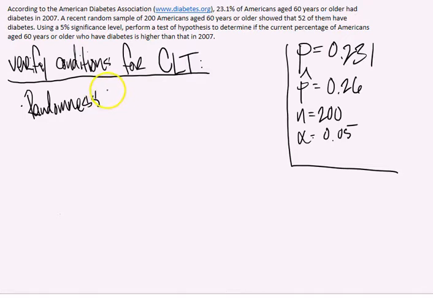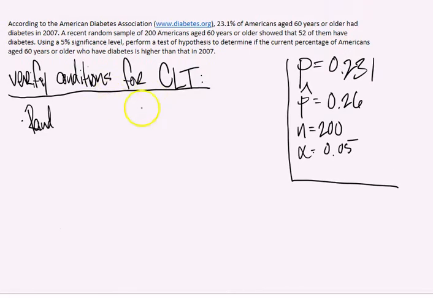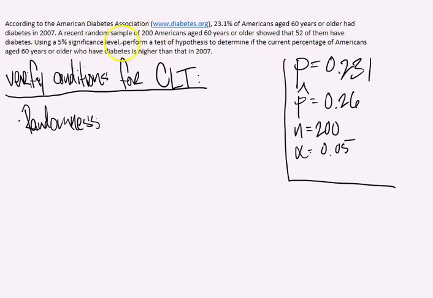So there's two ways to do this. Either it will be stated that it's random, or our test will be conducted by a professional institute that conducts research for a living, right? So here, our sample was of 200 Americans.